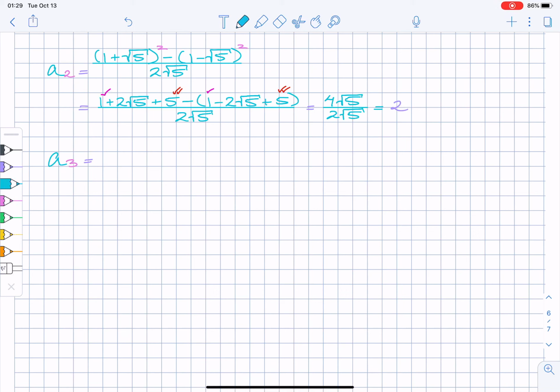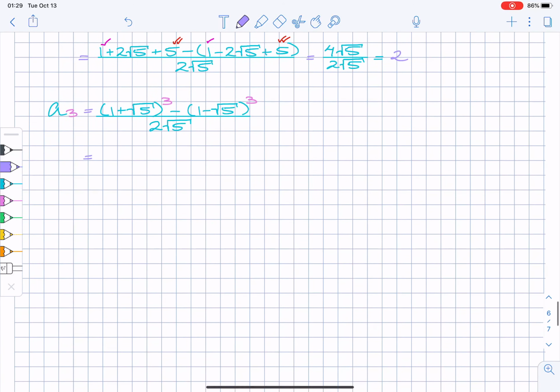So that's going to be quantity 1 plus the square root of 5 cubed minus 1 minus the square root of 5 cubed, all over 2 times the square root of 5. Okay, so let's expand the binomials.